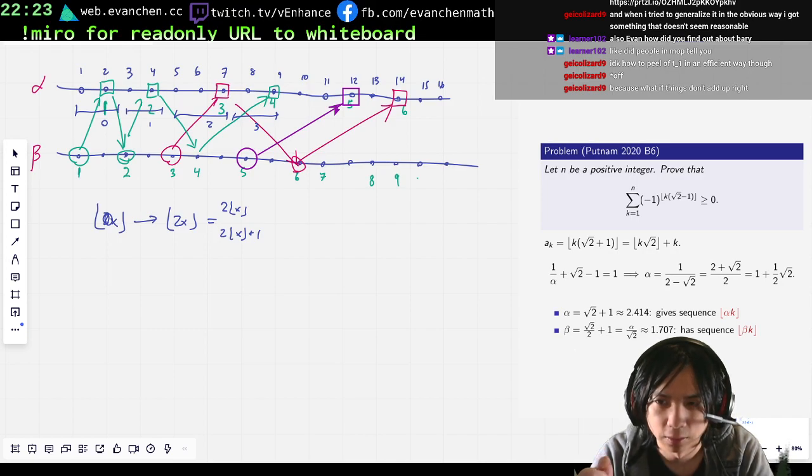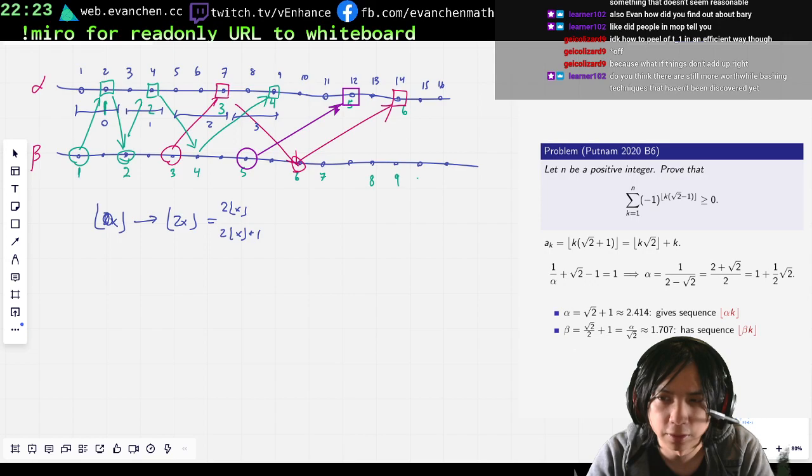Because what if things don't add up? Why do you care if things add up? You necessarily have some universal vertices, right? Some vertices that are isolated or universal. So you don't get to make many choices.